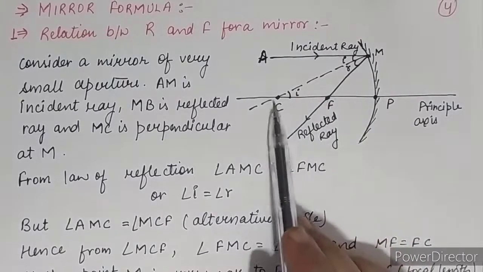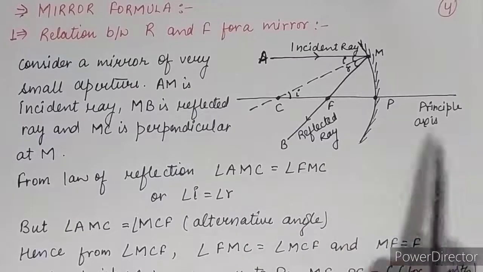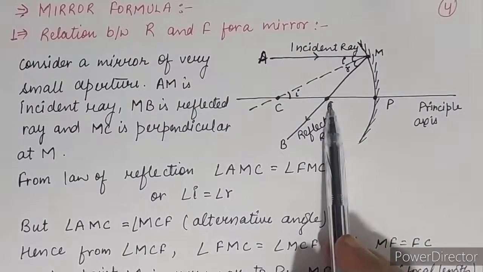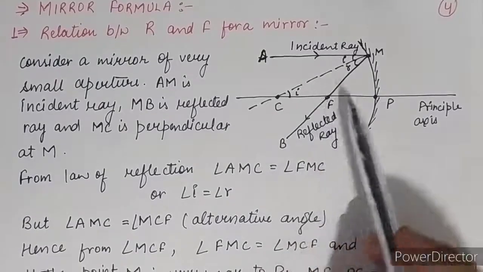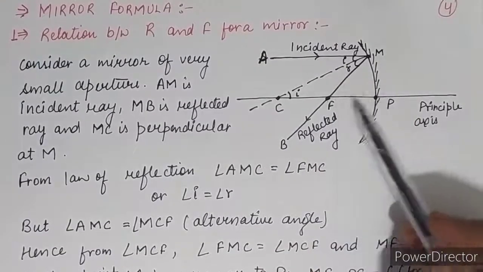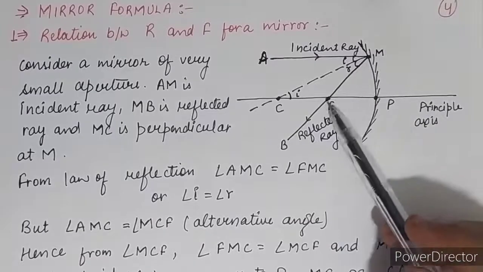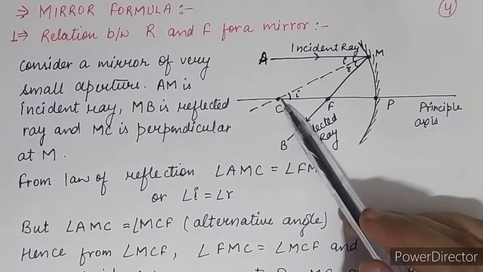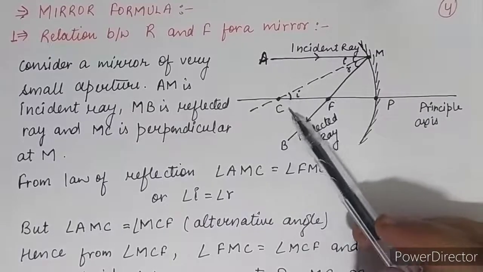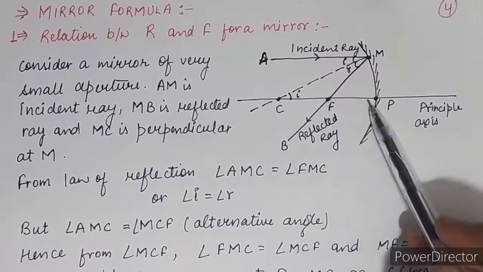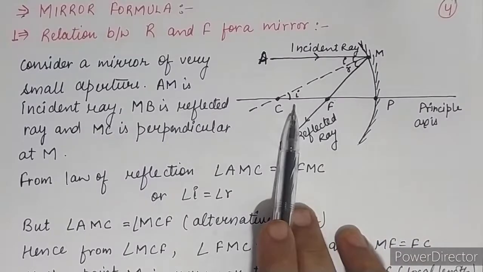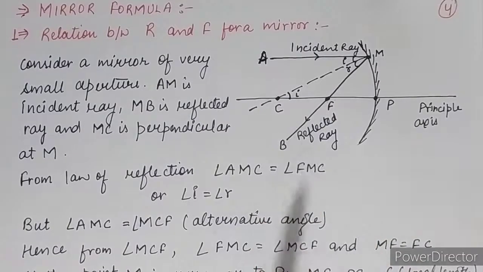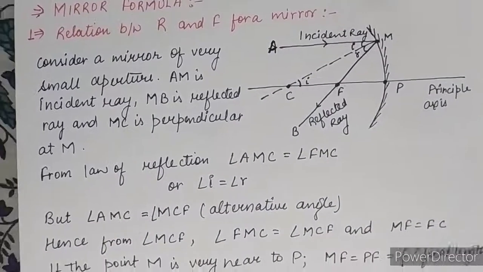PF plus FC is equal to radius of curvature. Now PF is F. Now FC is also your F. How? As I told you that MF is equal to PF and MF is already equal to FC. So directly we can say FC is equal to FP. So it is also your F. F plus F is equal to R. 2F is equal to R and F is equal to R upon 2.